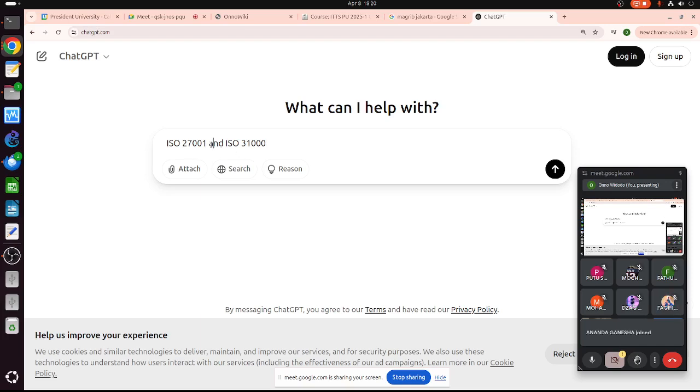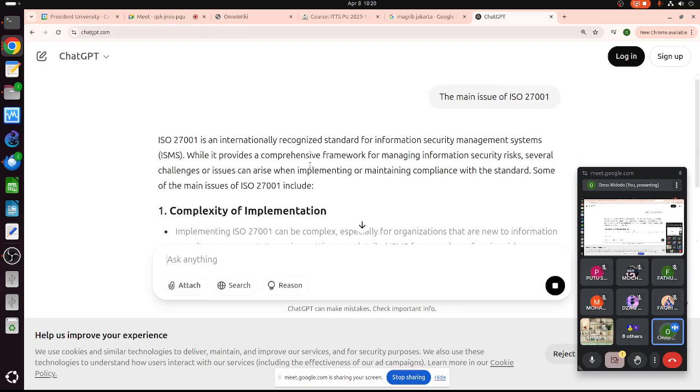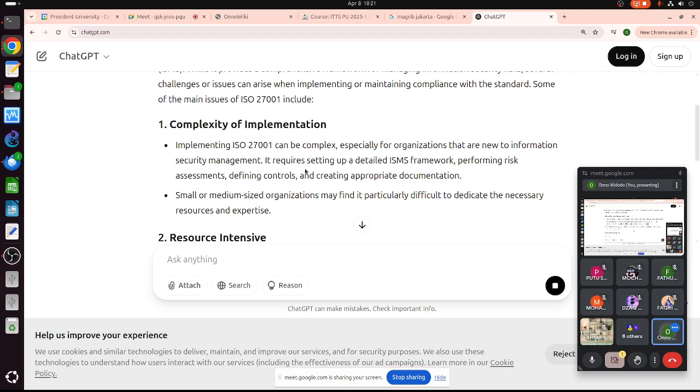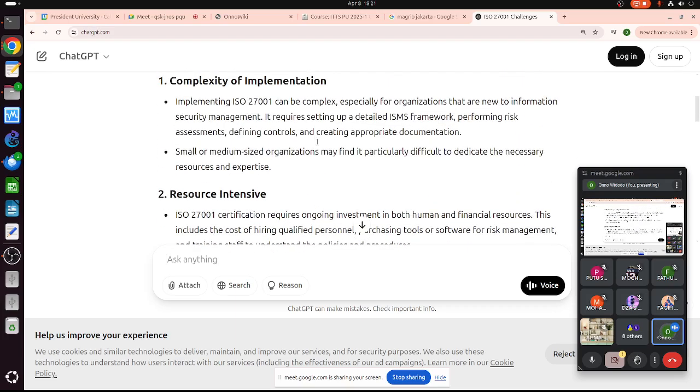So what is the main issue of ISO 27000? Basically it's quite complex. It has around 100-something controls, so it covers many things.